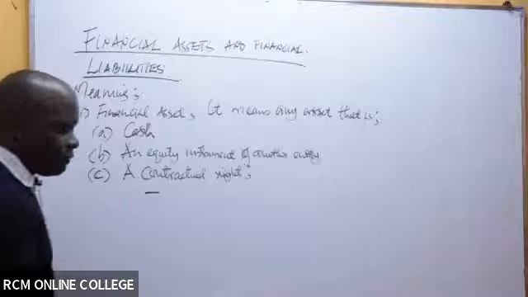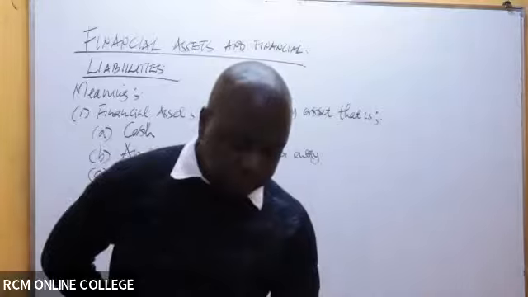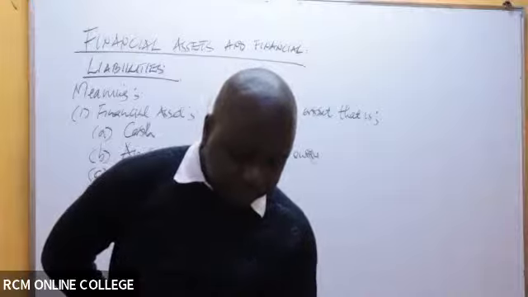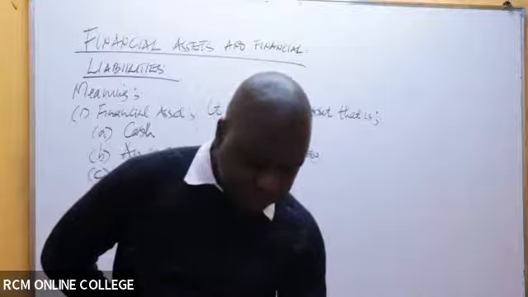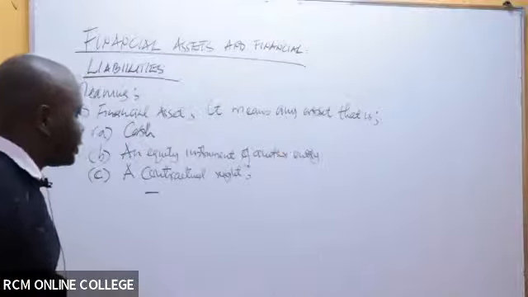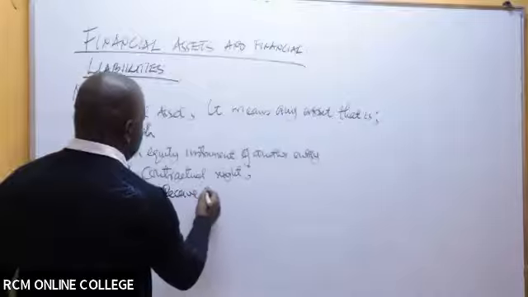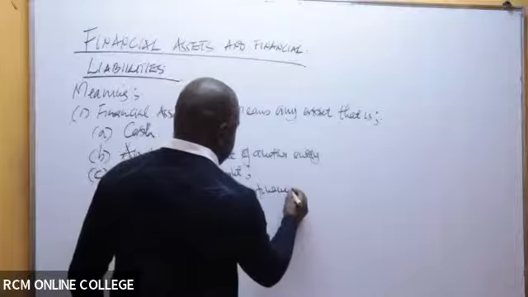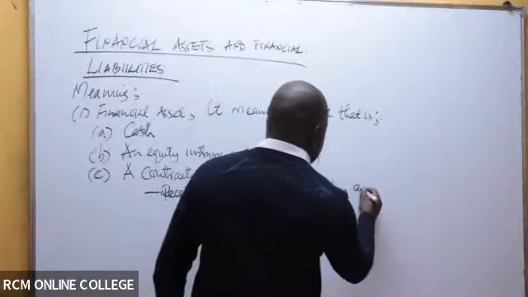Number one, put a dash there: a contractual right to receive cash, or a financial asset from another entity.